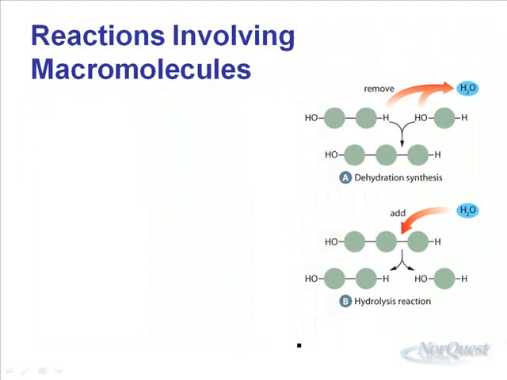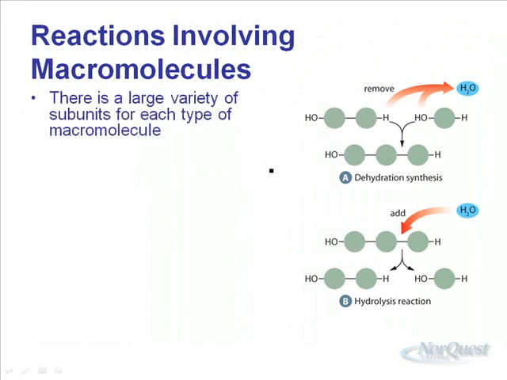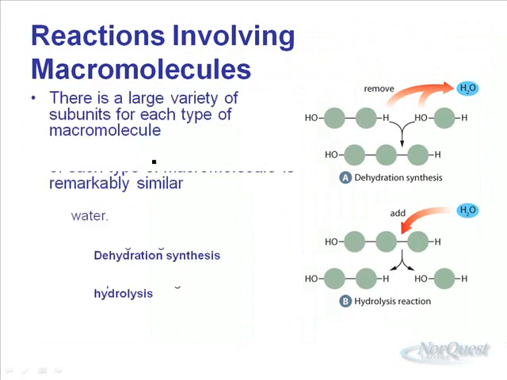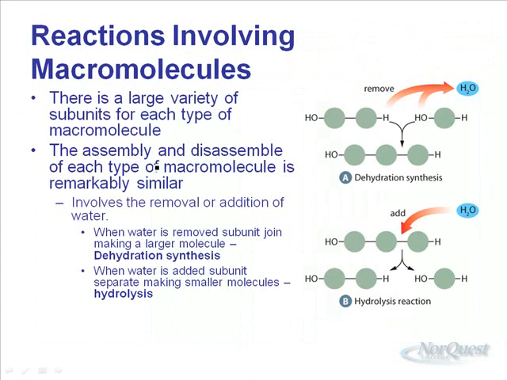When it comes to reactions involving macromolecules, in terms of making them and breaking them down, the reactions are actually quite simple. Every single macromolecule, despite the fact that there's a large variety of subunits, undergoes a very similar reaction when it's being built or when it's being disassembled.